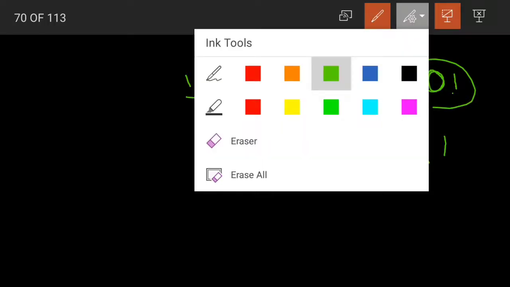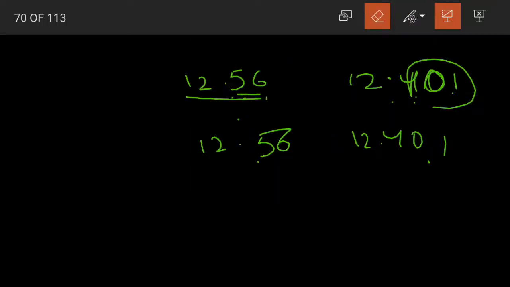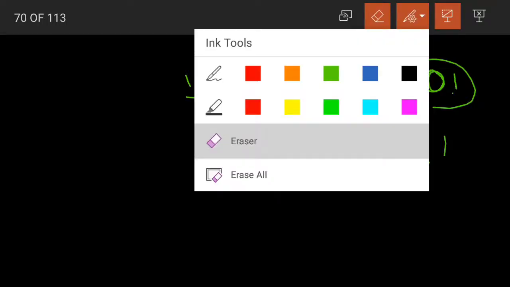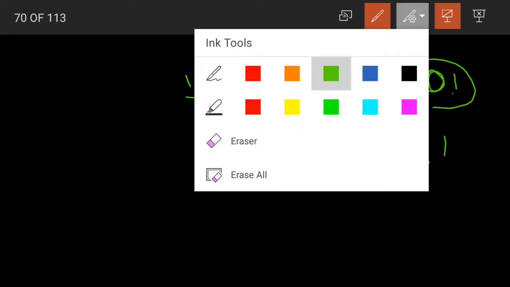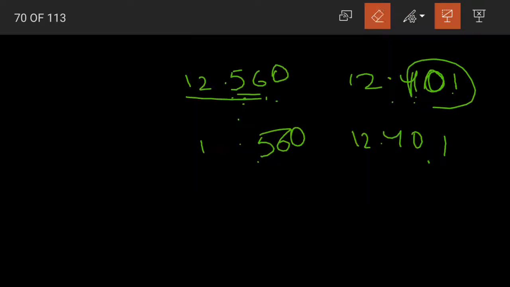Yes? But if you do the same comparison after converting them into like decimals, that means I'll add a 0 here, it becomes 560. Now if you compare the whole decimal parts, we have 560 and 401. Which is the greater one? 560 is the greater number here.